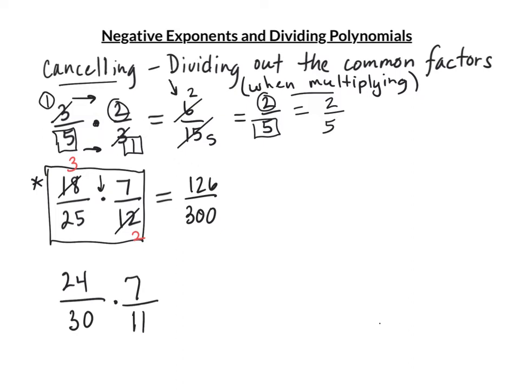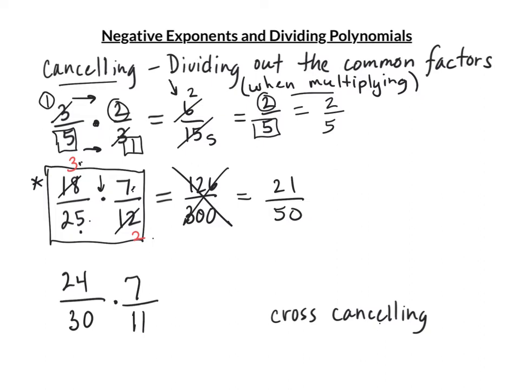Now look for any other common factors. 7 and 25 don't have a common factor. 25 and 3 don't have a common factor. And 7 and 2 don't have a common factor. This is going to be then 3 times 7, which is 21, over 25 times 2, which is 50. We don't want to work with that.